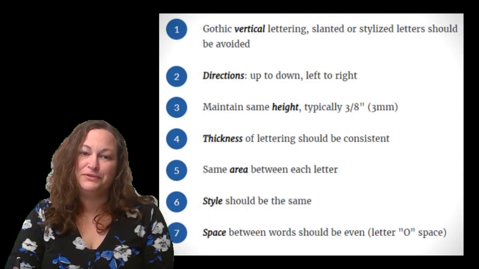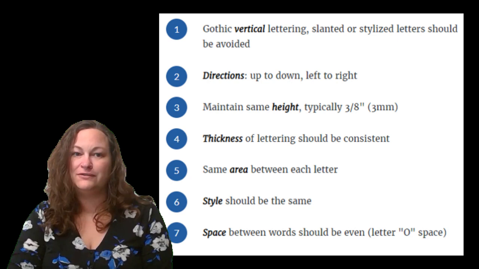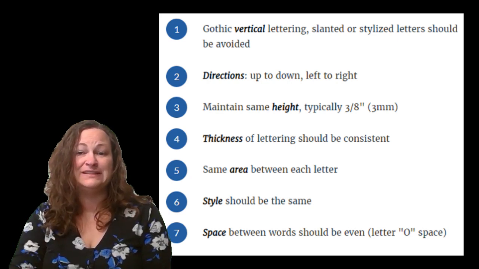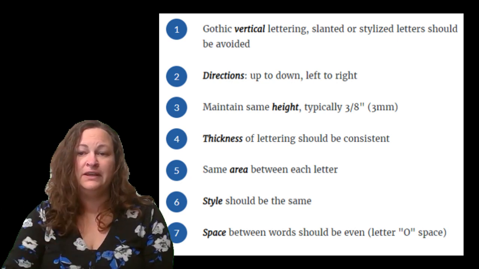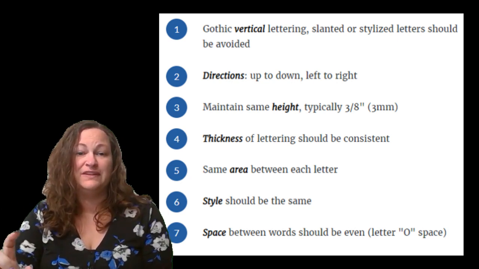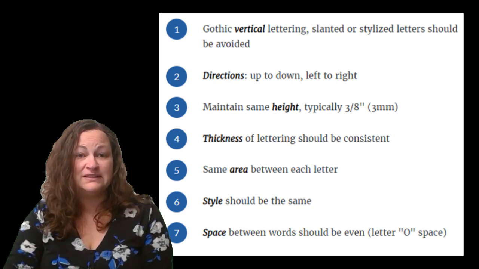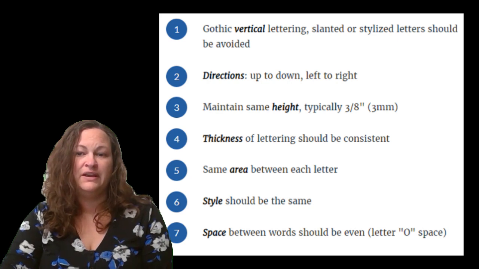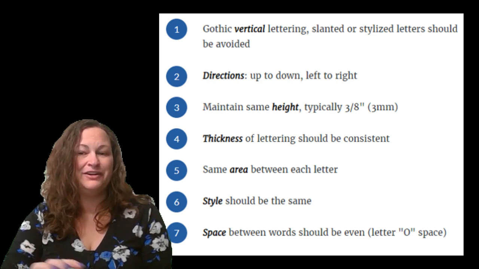Well, we want to make sure that we use Gothic font, all vertical lettering, all capital letters, maintain a consistent height. We want to go left to right, and we want to make sure that the thickness of the lettering is consistent, the style is consistent, so always that regular vertical lettering. And then we want to make sure that the area between each letter is consistent.